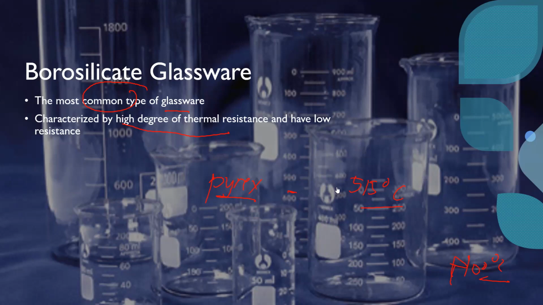However, concentrated alkaline solutions, these are your basic solutions with pH greater than 7, should not be stored in borosilicate glassware, because they can destroy the calibration, which can affect the measurement of the volume that we are going to take.